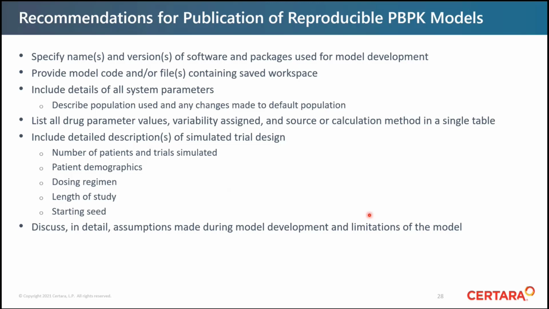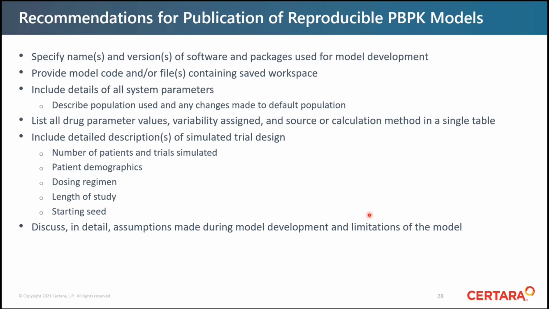So we came up with several recommendations from this project. First, as others have noted, it's really important to specify the names and versions of software and packages used for model development. As I noted, there are differences between the various versions, such as version 15 may have given us different results than version 19, even using the same drug parameters.